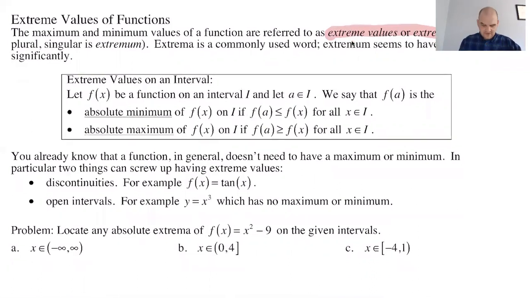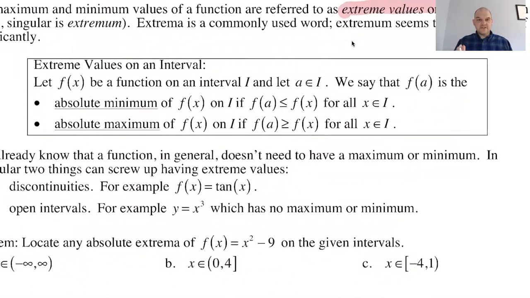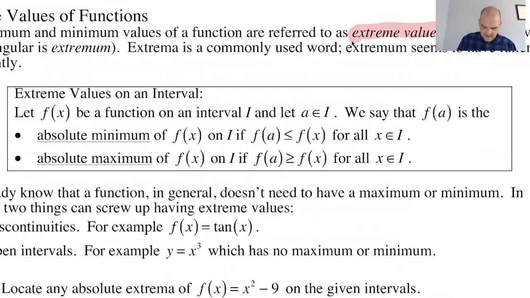So extreme values on an interval. Not super in love with this notation, but let f of x be a function on an interval I. So I, these are x values. It's kind of like the domain. So it's a function on a particular domain. And let a be an element of I. So a is just an x value.